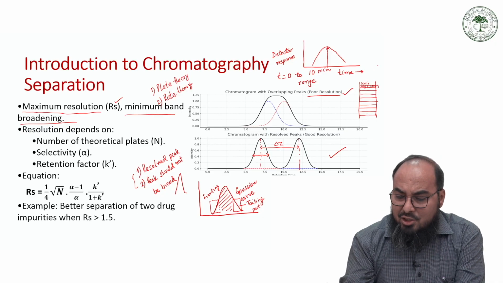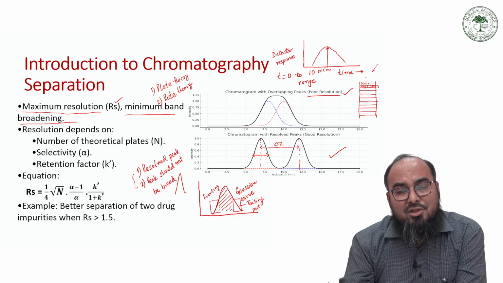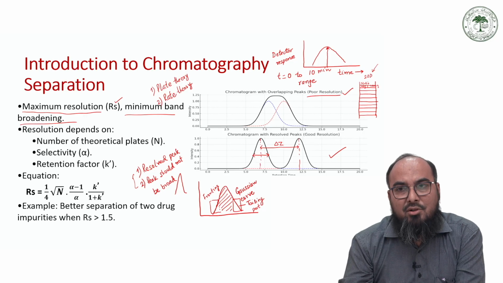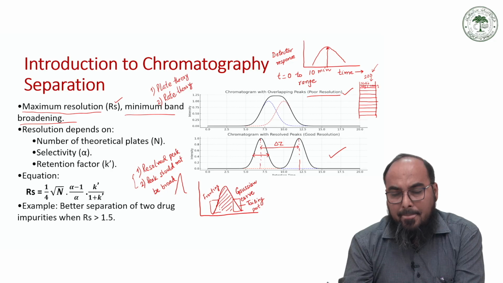So what they actually proposed is that, for example, if you introduce your sample which contains, say, 200 solute molecules, the moment you inject them, these 200 molecules go to these plates.